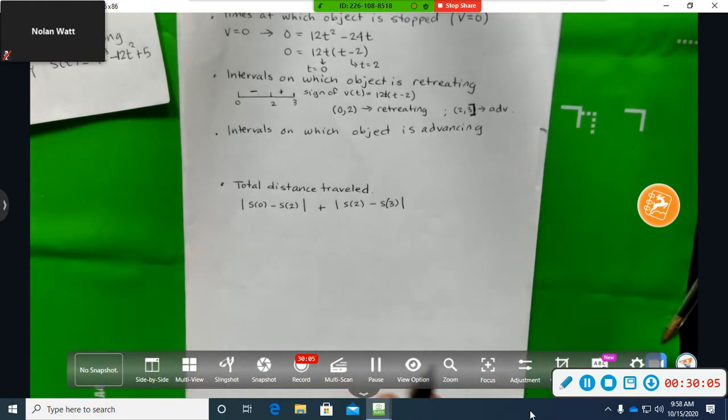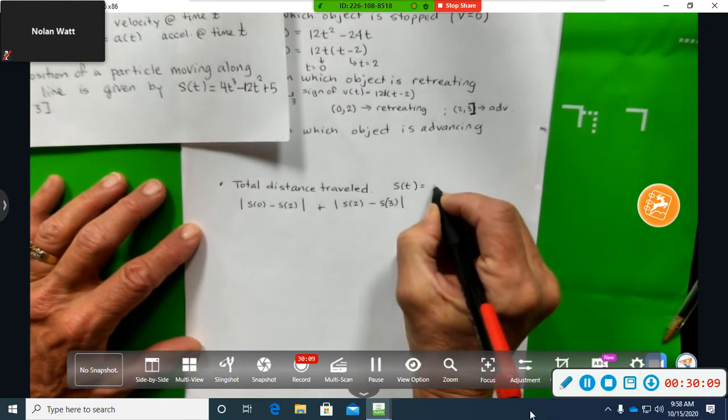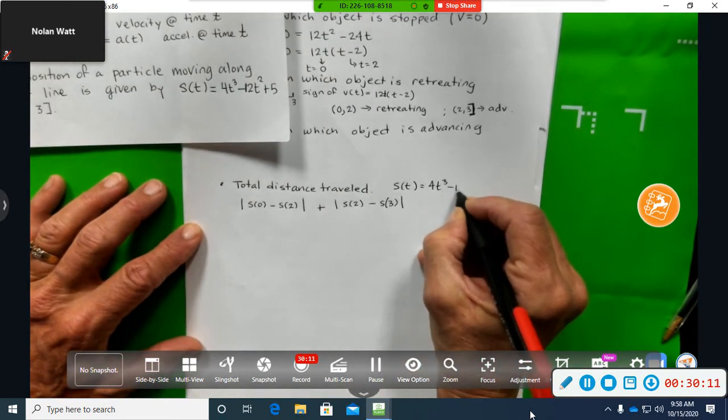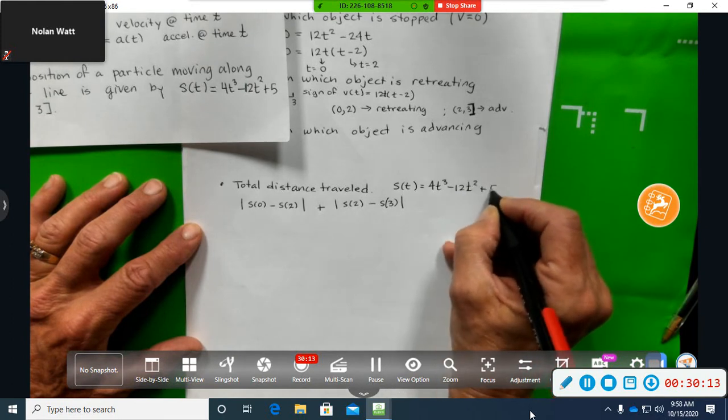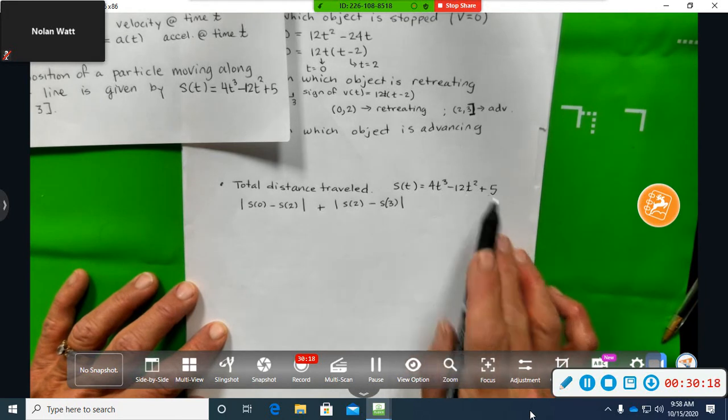So we got to go back to the original function. So remember that s of t is 4t cubed minus 12t squared plus 5. And so when t is 0, s is 5.